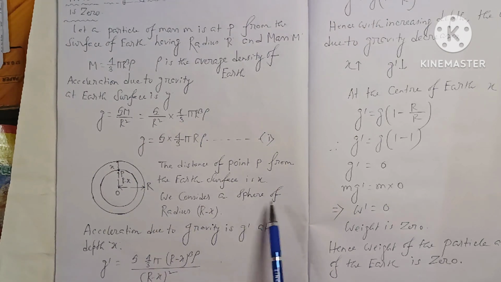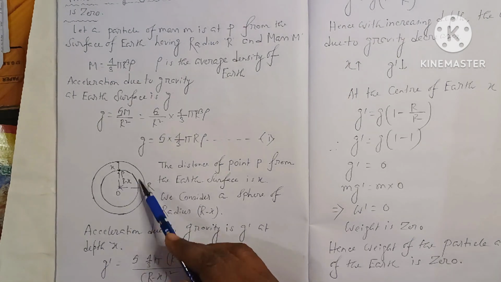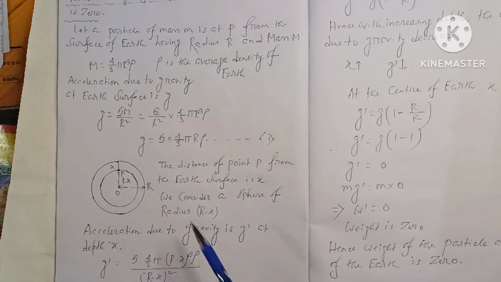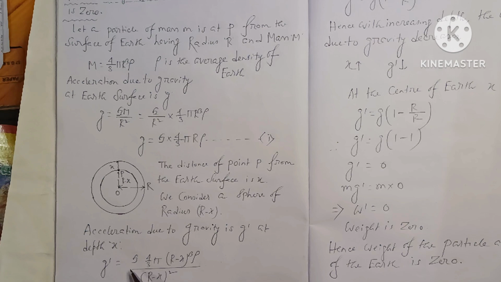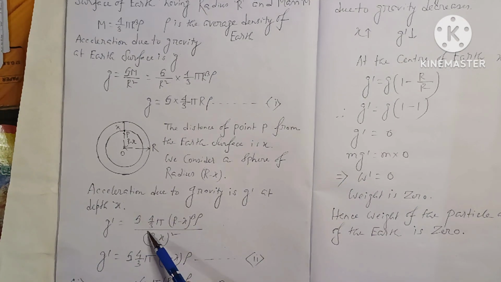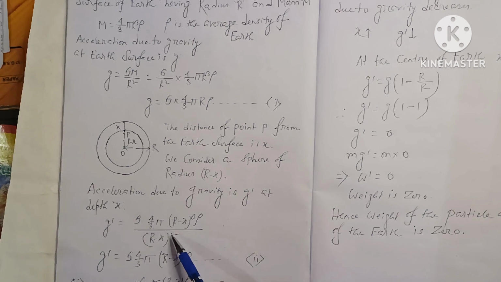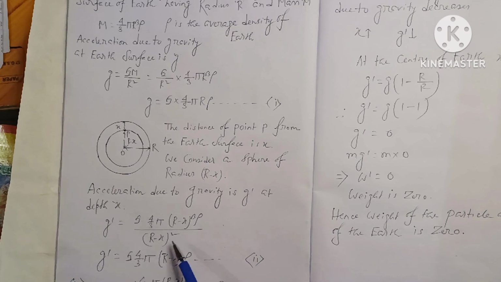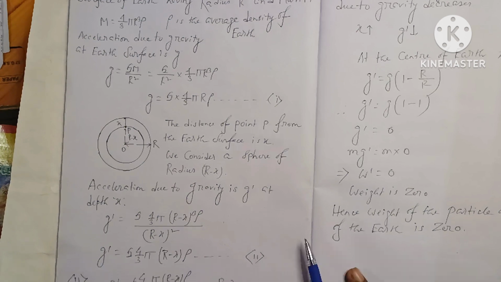We consider a sphere of radius r minus x. So we can write g dash equals G into 4 by 3 pi (r minus x) rho. This is equation number 2.